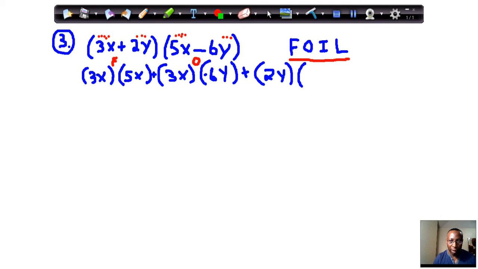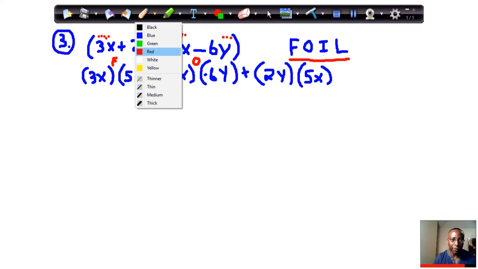And 5x is an inner. Okay, so we have our inner. You don't have to do this, but I'm doing it so you can see it.